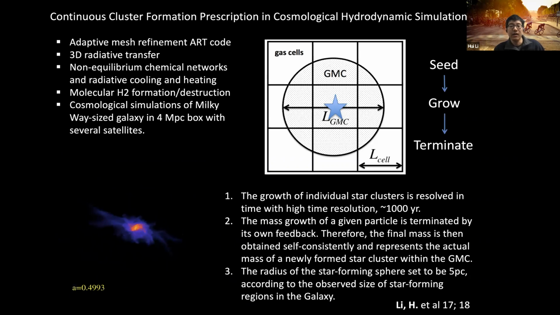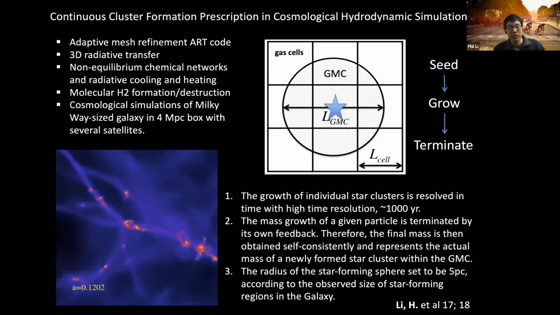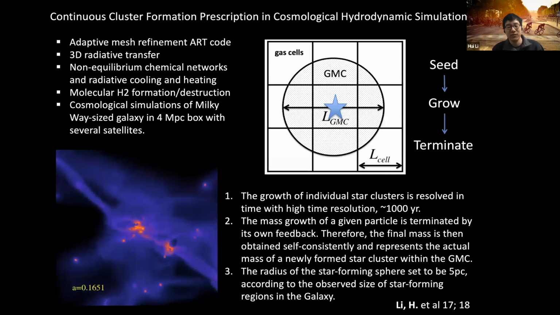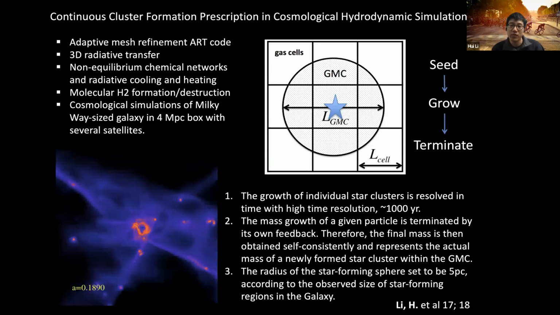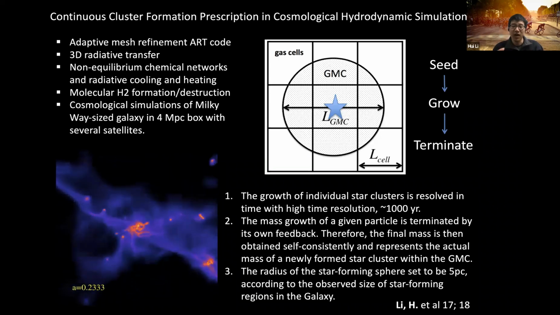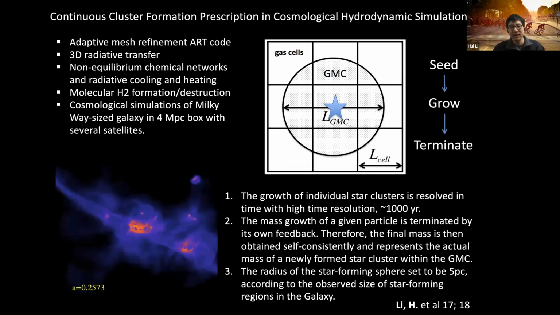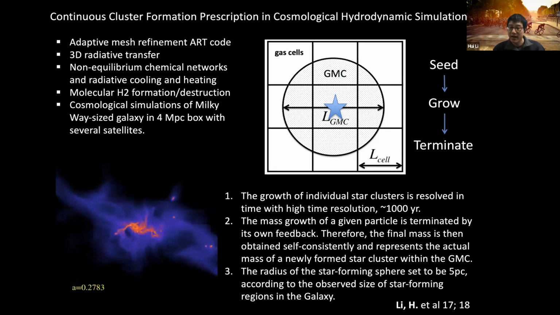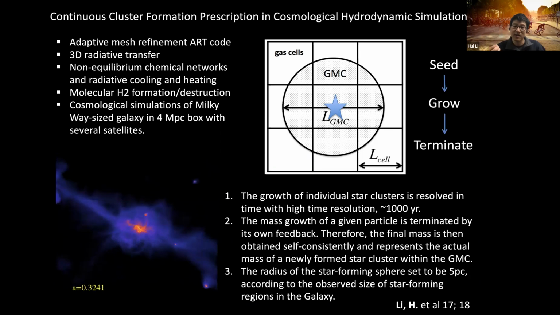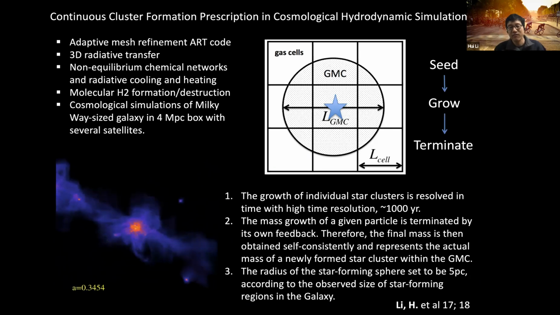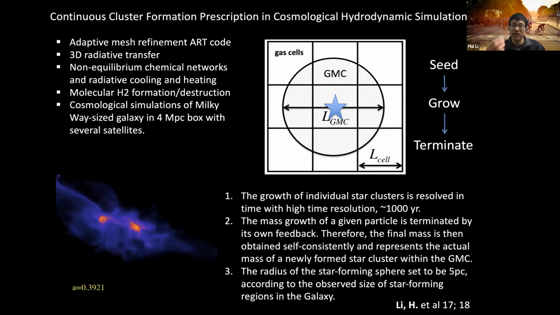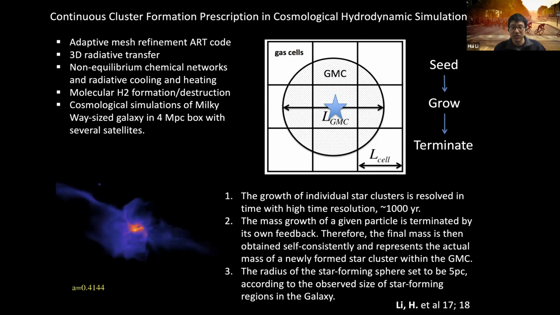We also include all sorts of stellar feedback processes, from radiative feedback and stellar winds to supernovae, so that the mass growth of this particle is stopped simultaneously by its own feedback. Therefore, the final mass obtained by these star clusters is self-consistent and represents the actual mass of the star cluster formed within the molecular cloud in the simulation.